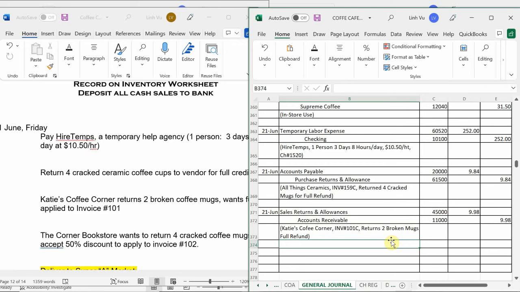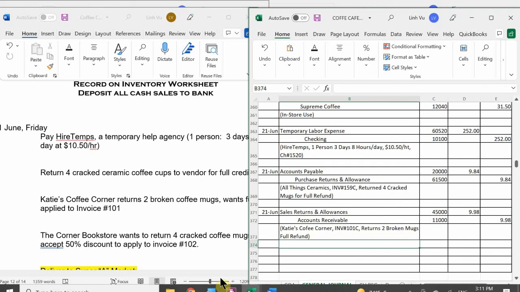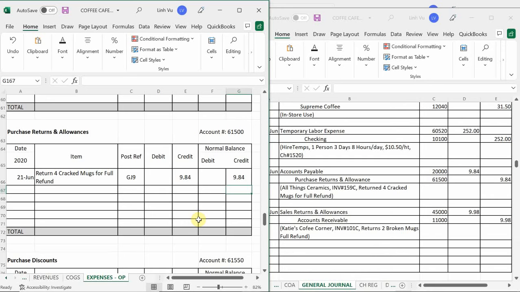So let's go ahead and pop in our numbers where we need to pop them in. First, let's start with the ledger, so we can see where that goes and how it affects a subsidiary ledger and then affects the inventory worksheet and so on and so forth.